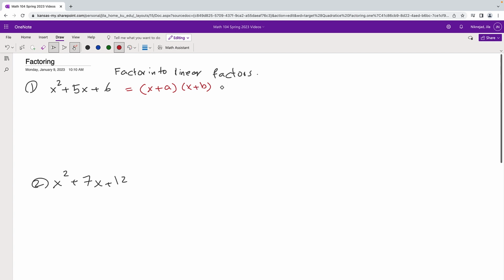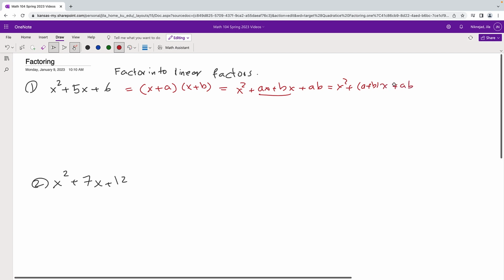And then this is going to be x squared plus a times x plus b times x, I'm foiling it, plus ab, which is x squared plus the sum of a and b, I'm factoring x out of this and here. So I'm expecting the constant here to be a times b and the coefficient of x to be a plus b, basically.